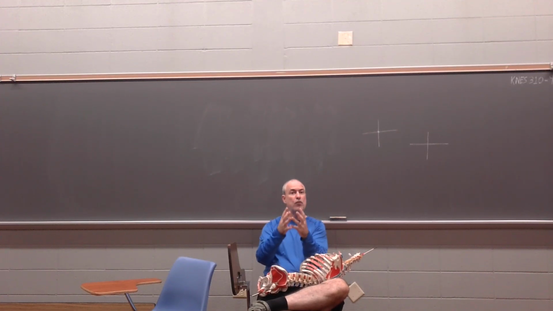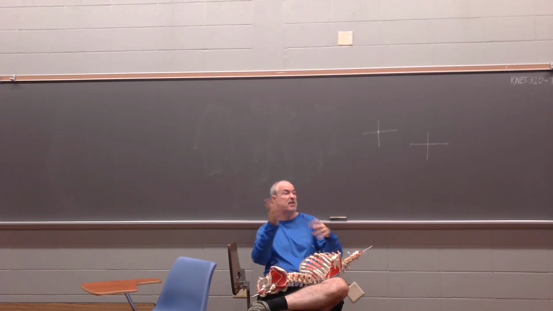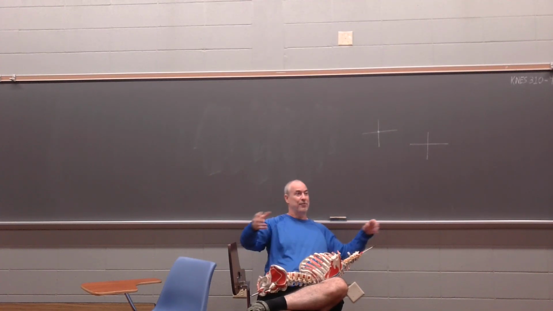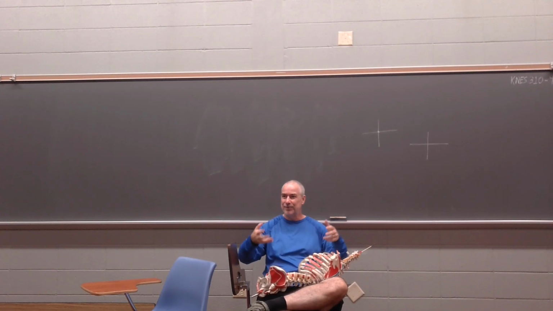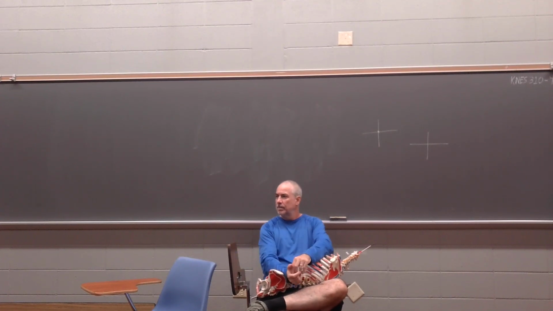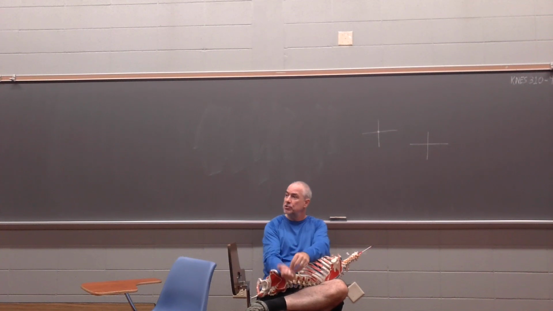It's easier to move things that are rigid than things that are fluid. If you've ever tried to move a big pot of gumbo or something fluid, it's a heck of a lot harder to move mass that is shifting than mass that's rigid.